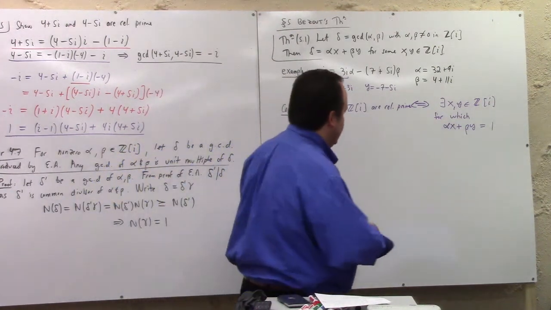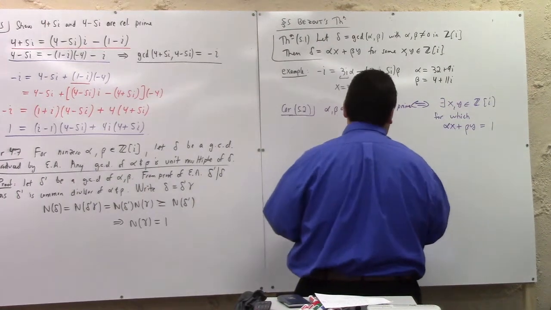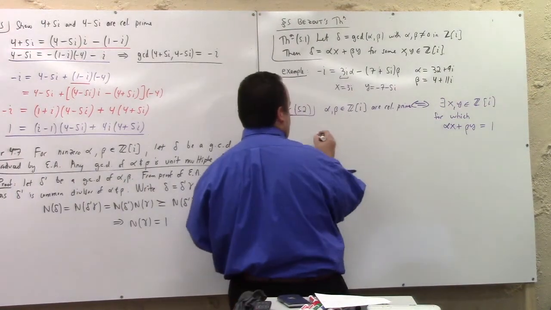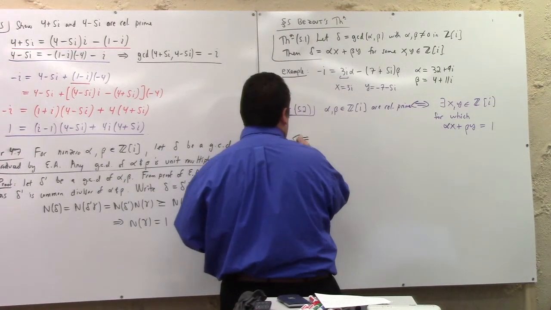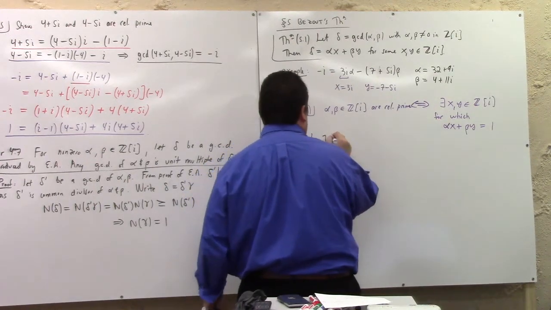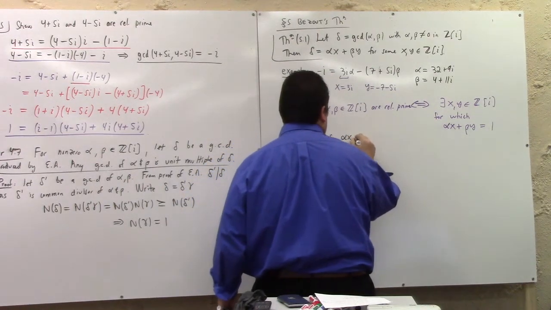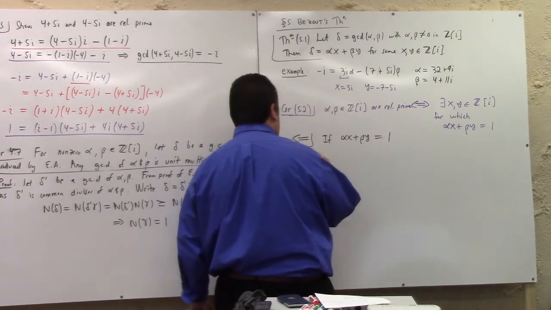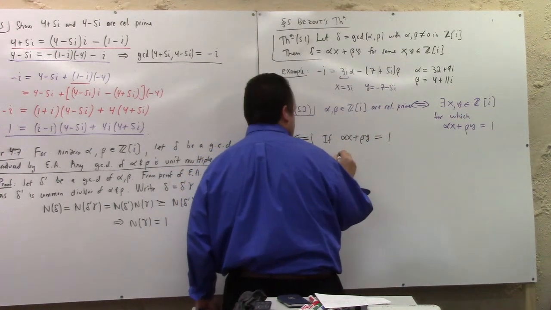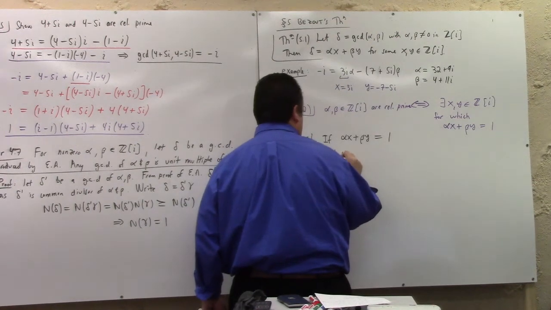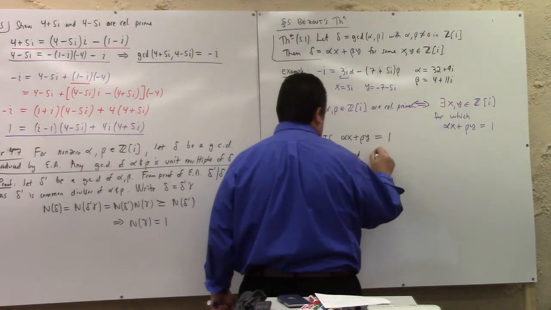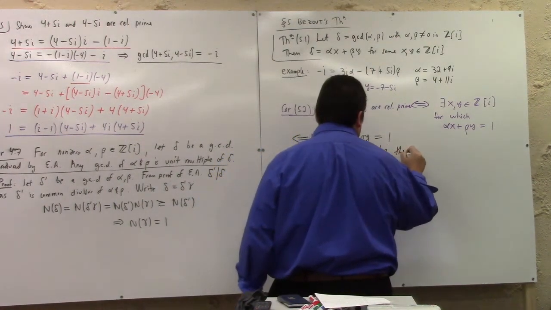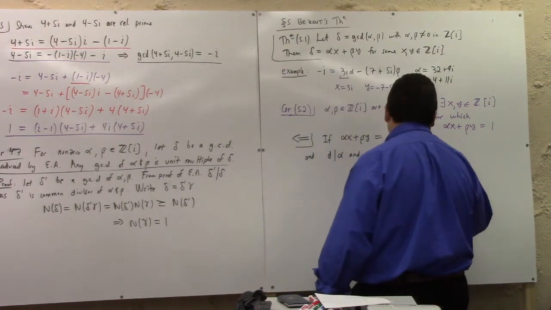So the converse direction is actually not that bad, right? So here's the converse direction. I'll write it down. If alpha x plus beta y is equal to 1, and d divides alpha and d divides beta, then d divides 1.